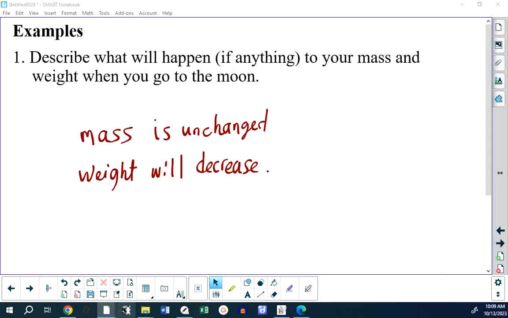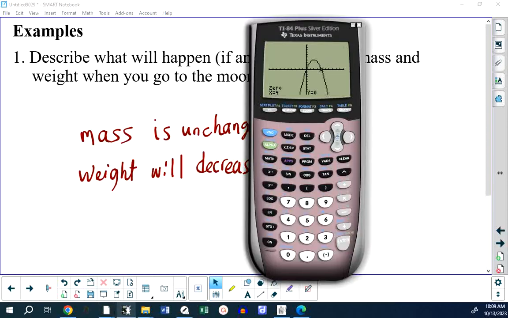It's a pretty trivial thing to find the gravitational field strength on the moon, given that I've already told you gravity is about 1/6 as strong on the moon as it is on Earth. So the gravitational field strength on the moon is about 1.6 meters per second squared, or newtons per kilogram.